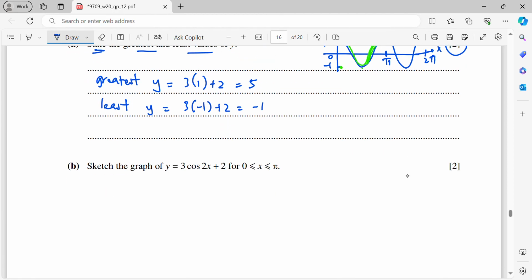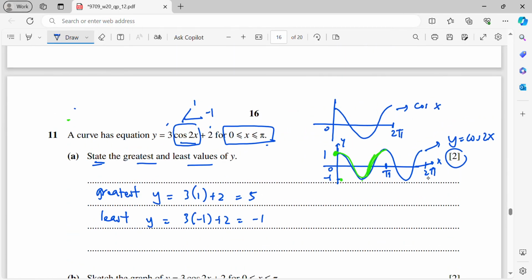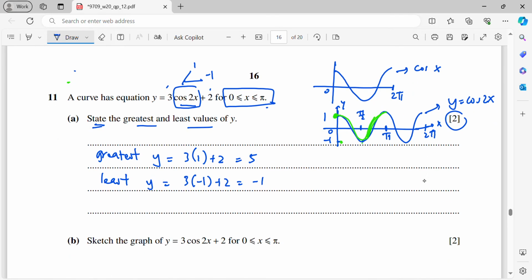Now, sketch the graph of 3 cos 2x plus 2, where x between 0 and pi. Now look at this, right? So which means when it is pi over 2, I will get the minimum point. So this is when it is cos 2x. So when you need to sketch this, firstly, we need to extend it. We need to consider the 3.